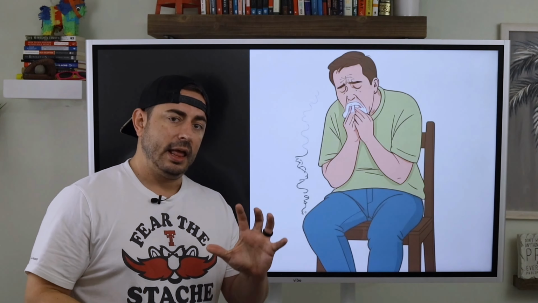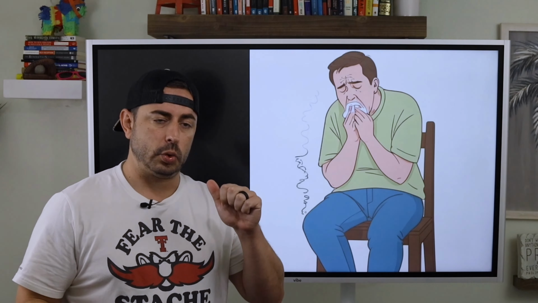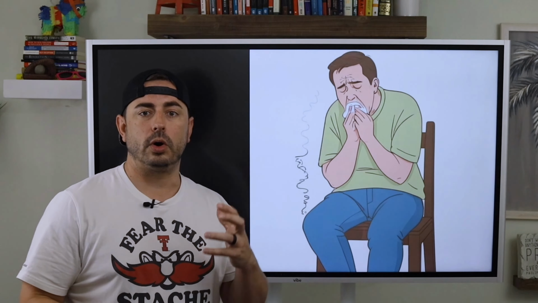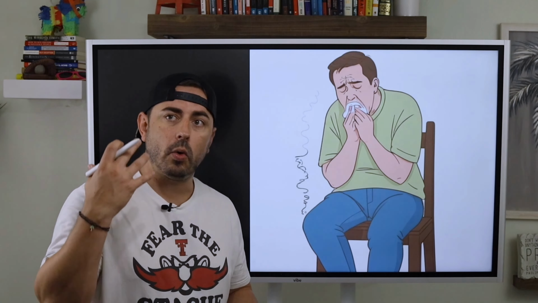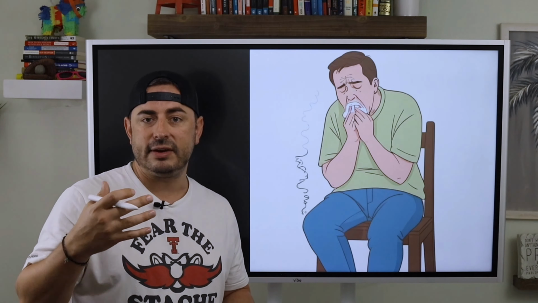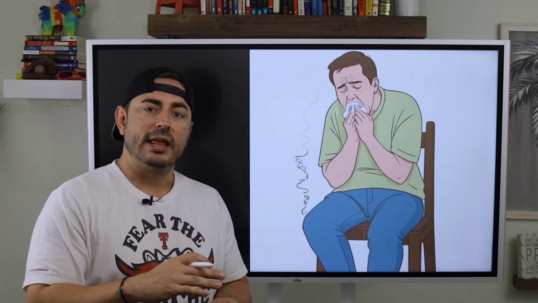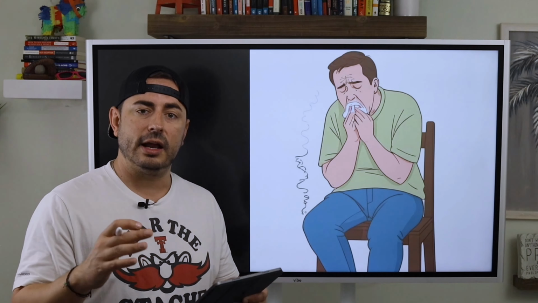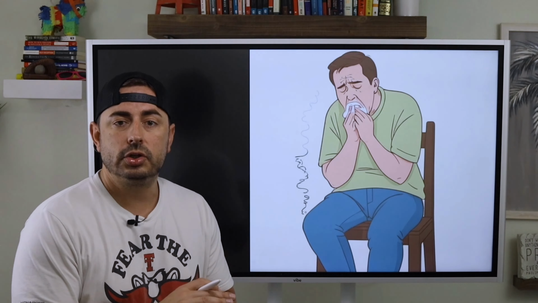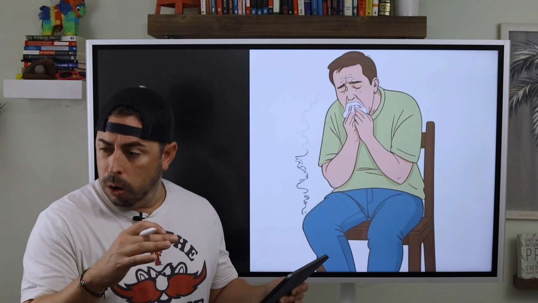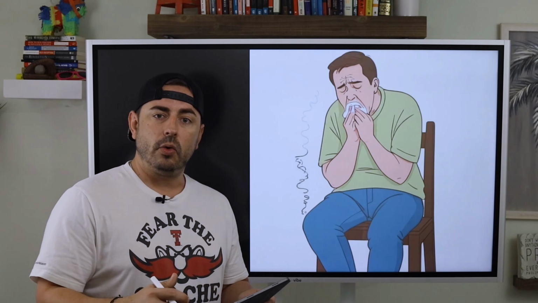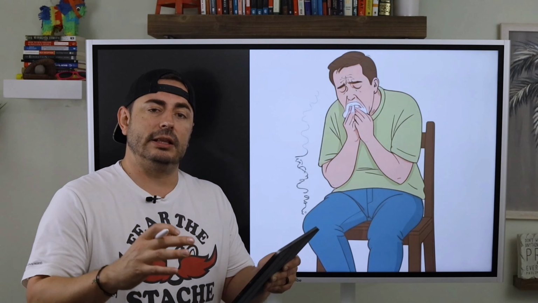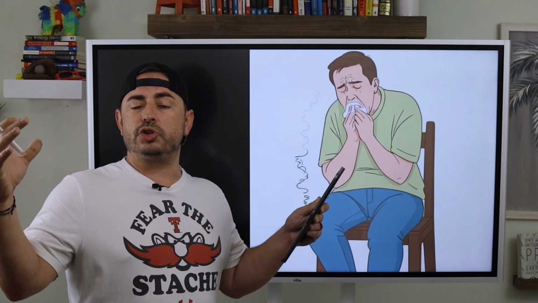So again, there's some sort of irritant or some sort of stimulant or foreign body that's in the tracheobronchial tree or the nasal or oral cavity, somewhere in your airway, that's creating the desire and the need to get rid of that stimulant. In order to do that, you have to get this large intrapulmonary pressure.